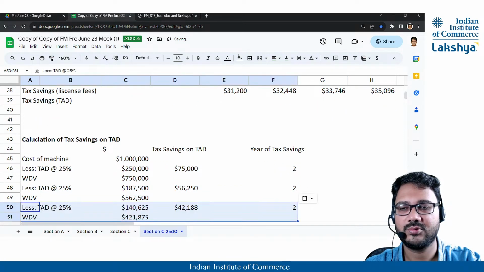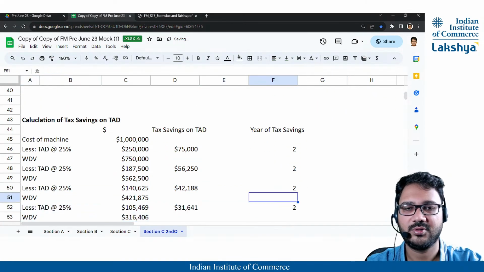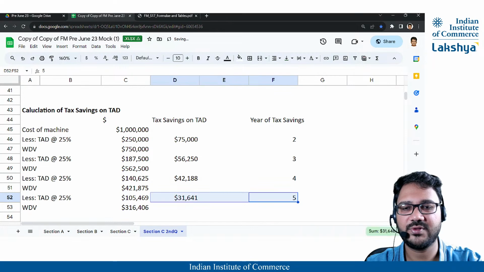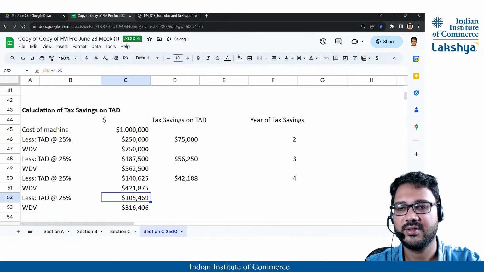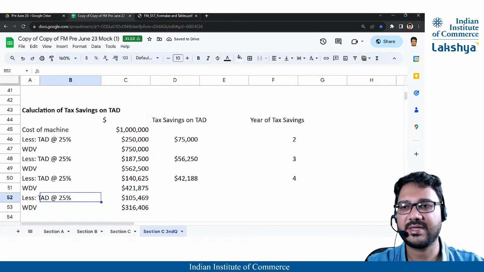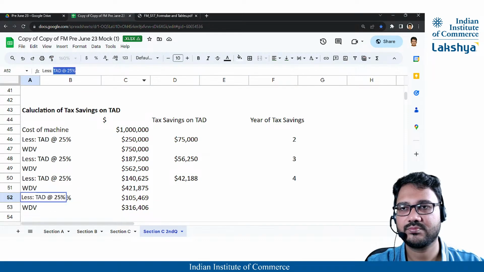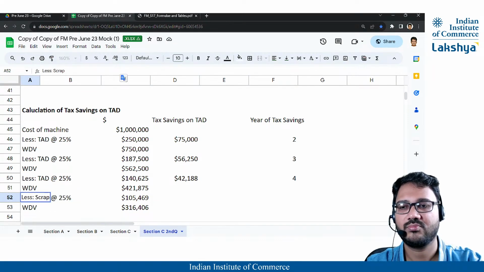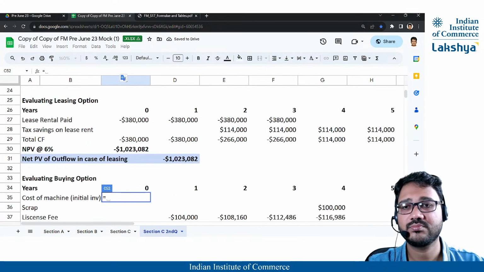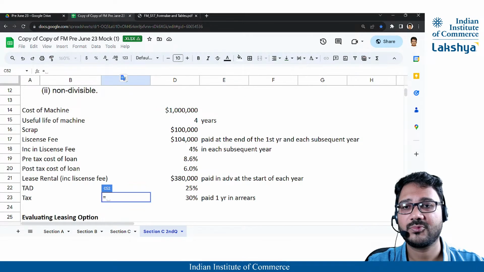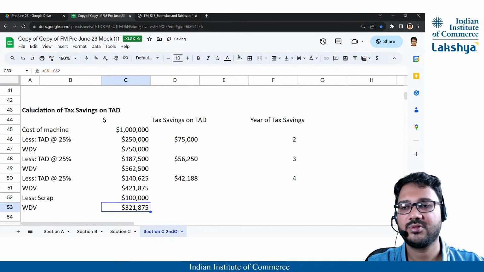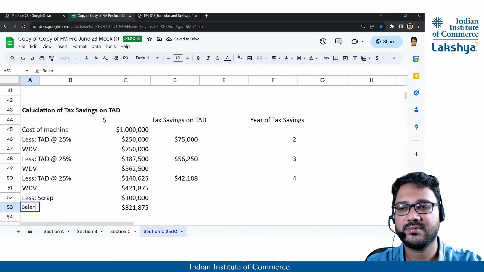One, two, three, and four. So this is third year, fourth year, fifth year. Now keep in mind that for fifth year, actually this won't be there. In fifth year, you are doing less scrap value, which is $100,000. So this is our balancing allowance.